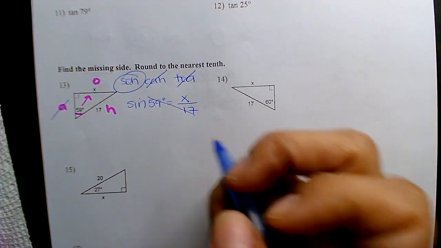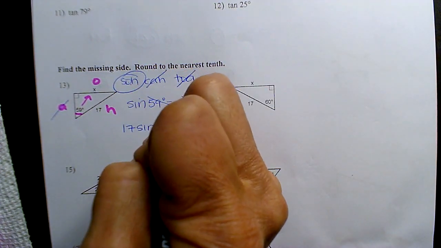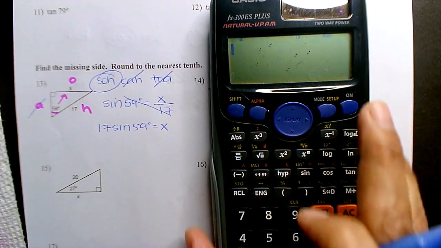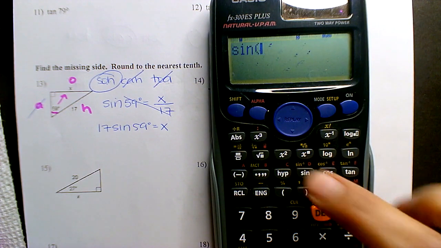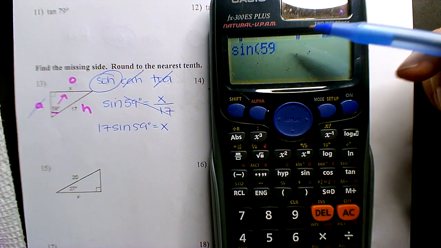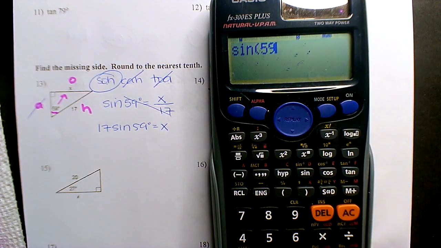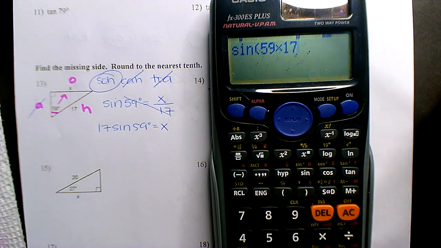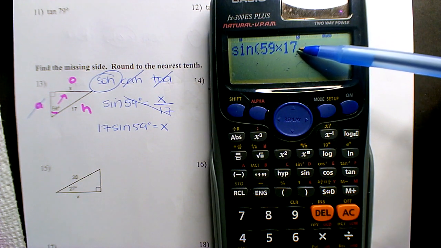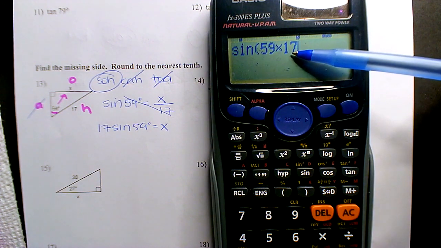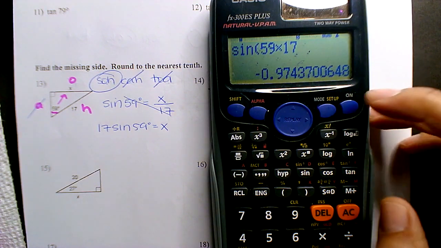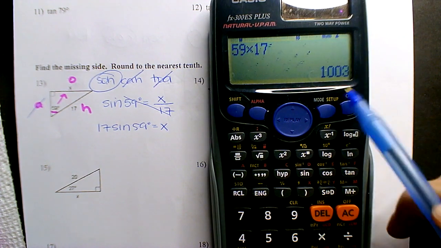Here's another thing. Make sure you throw the side length in the front. Do not throw it in the back. If you do, you have to use a parenthesis. If I type sine of 59 and don't close the parenthesis, and then go times 17, you are taking the sine of like 600, 700 degrees. You see how 59 times 17 is going to multiply? That's not the correct answer. What's 59 times 17? 1,003.